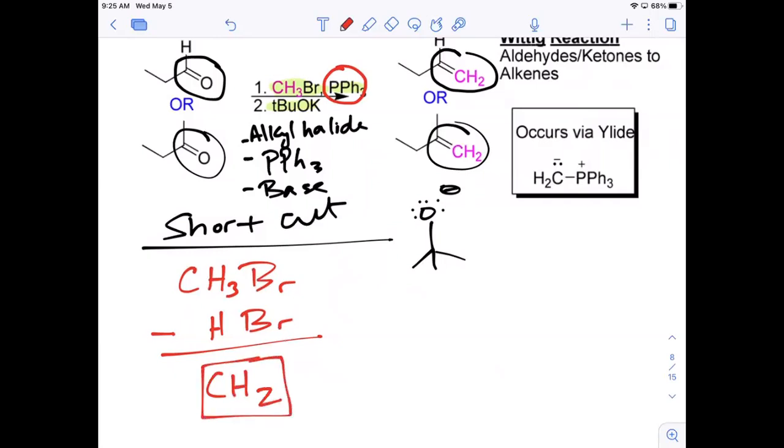Are y'all following that? It's not math in the traditional sense, but if you remove an H and you remove the Br, what you're left with is what's going to replace oxygen in the carbonyl.